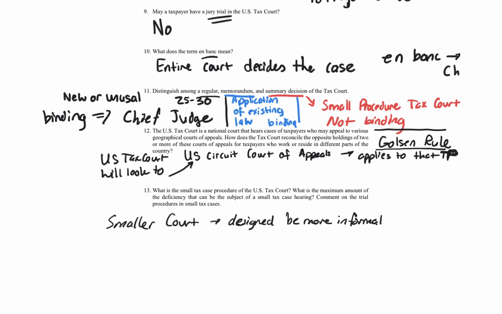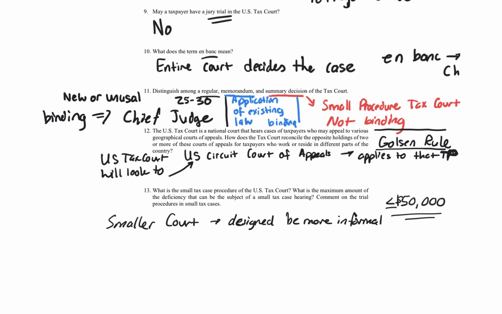So it's less than or equal to $50,000. The amount at issue, interest and the deficiency, if it's just a simple deficiency matter, and interest, the amount at issue, and penalties for collection matters. But this is likely to change in the future, so make sure you check that.